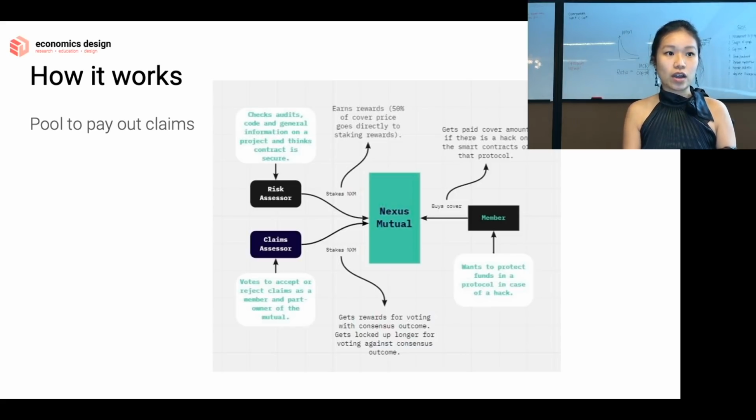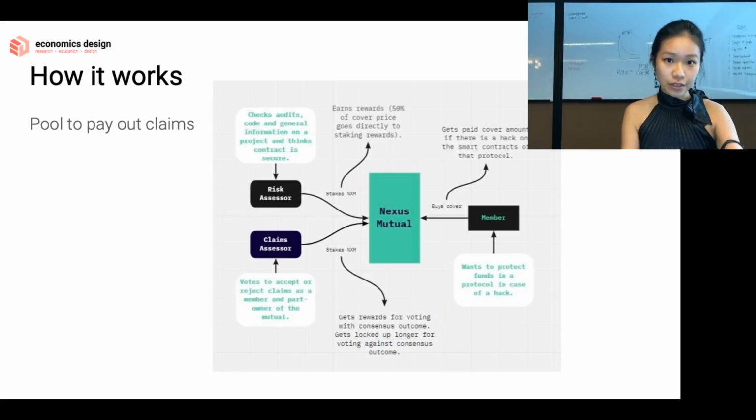Let's say I'm going to stake 10 ETH on Aave protocol because I think it's secure. I've done the checks and the audits, there are no bugs, and nothing will happen in the next 30 days because the code doesn't change in the next 30 days, there are no upgrades and everything, so I think it's secure.